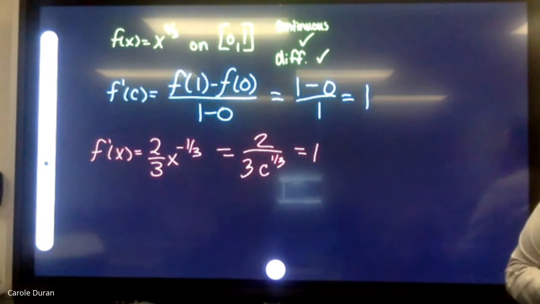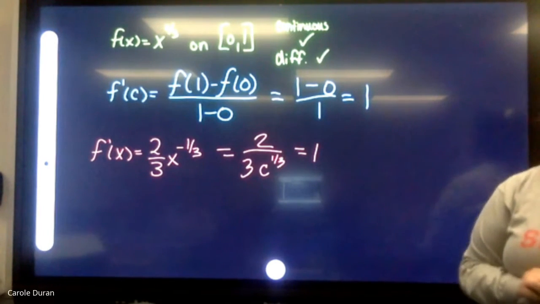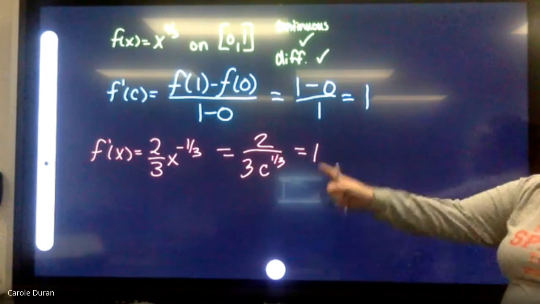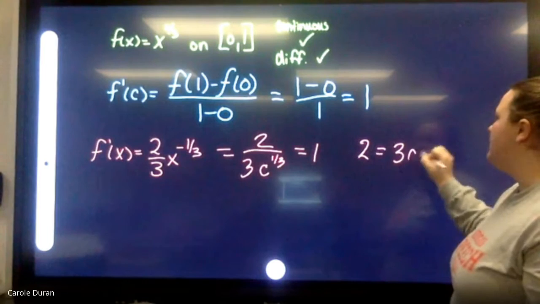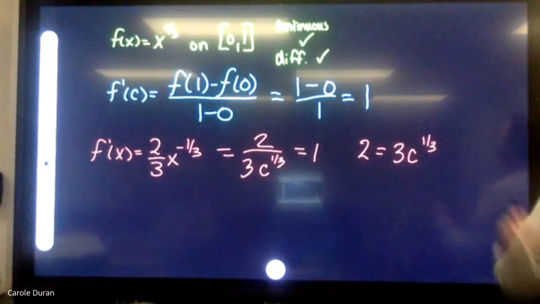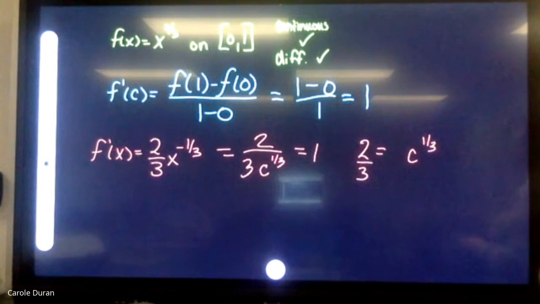So what am I going to do to solve for c here? You multiply by the 3c to the 1/3, multiply it up into the top, right? So I get 2 equals 3c to the 1/3. Divide the 3 back over. So I have 2/3 equals c to the 1/3.